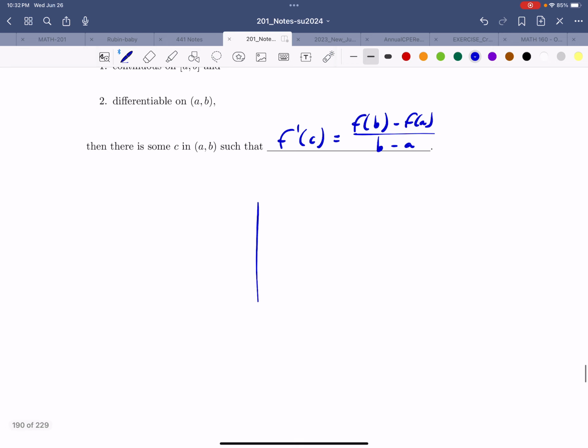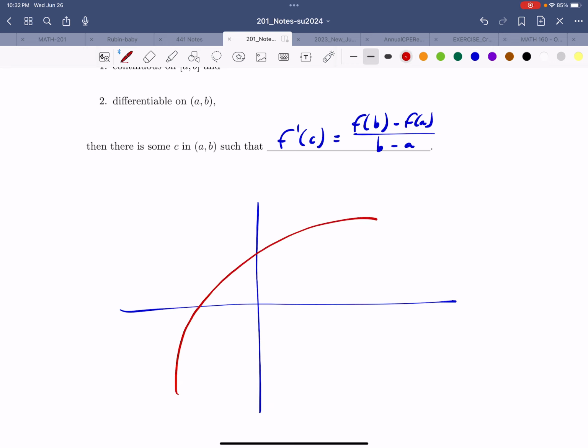So again, another example. All right, so here we've got our secant line.